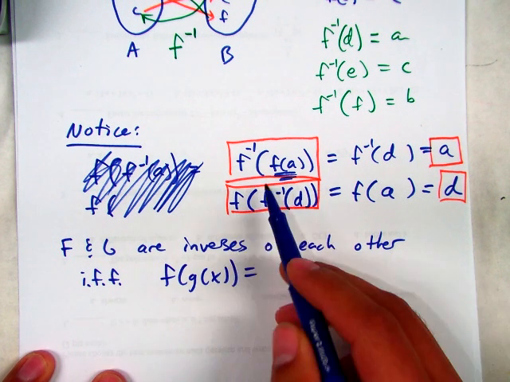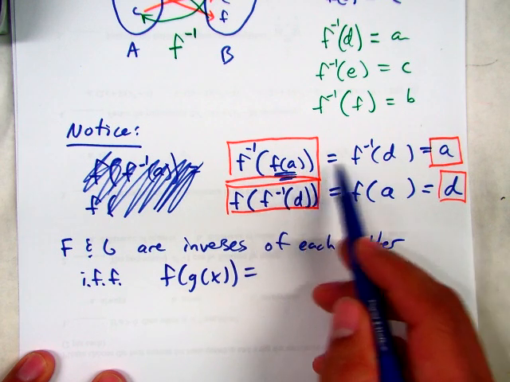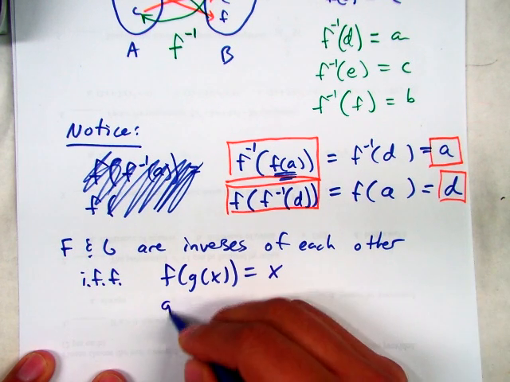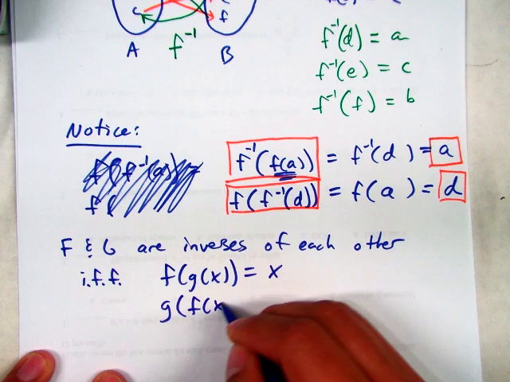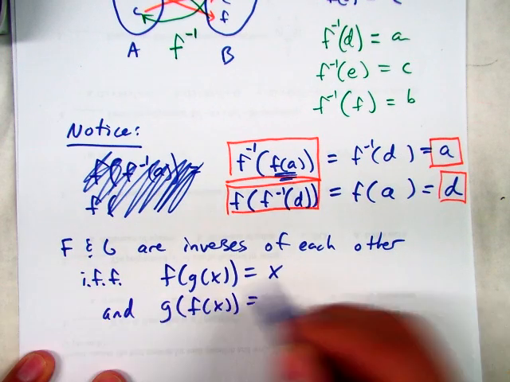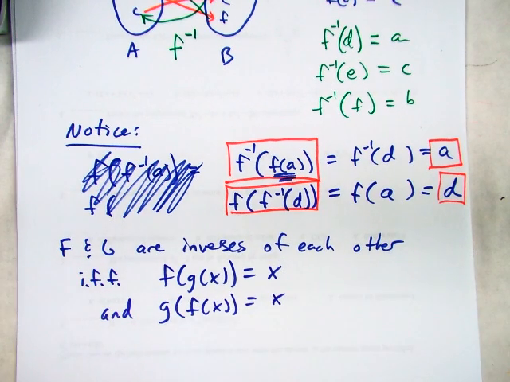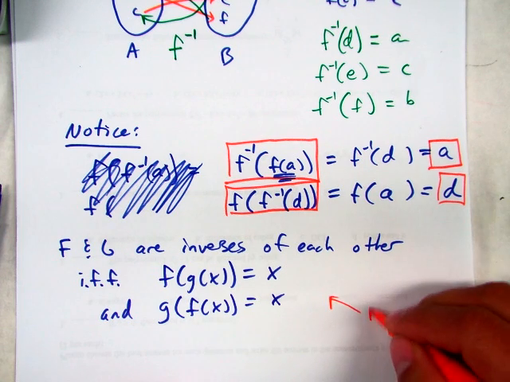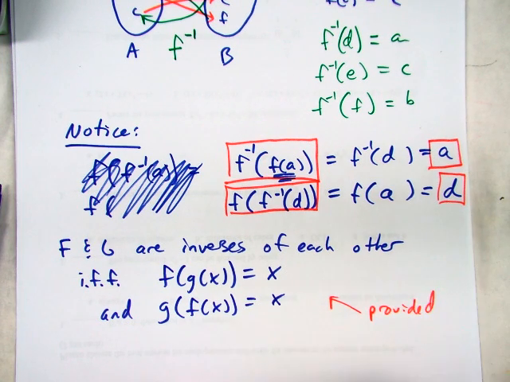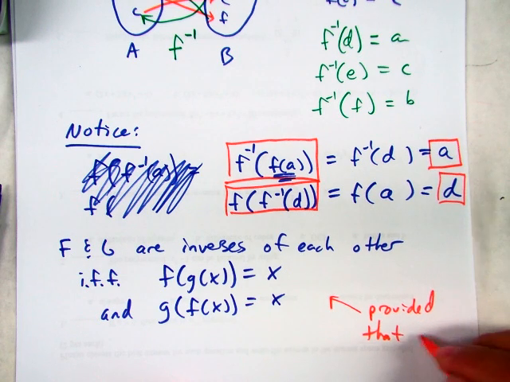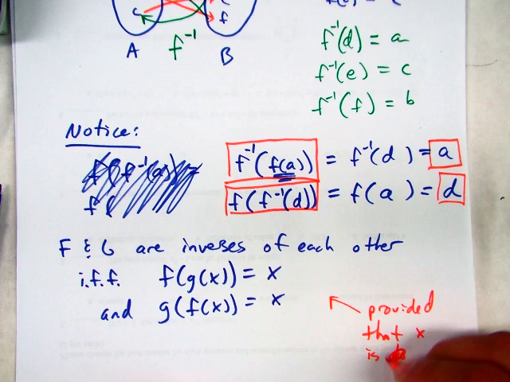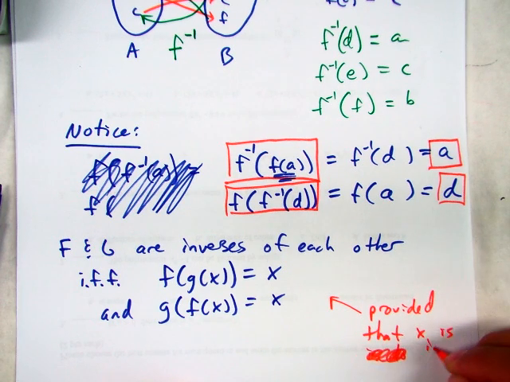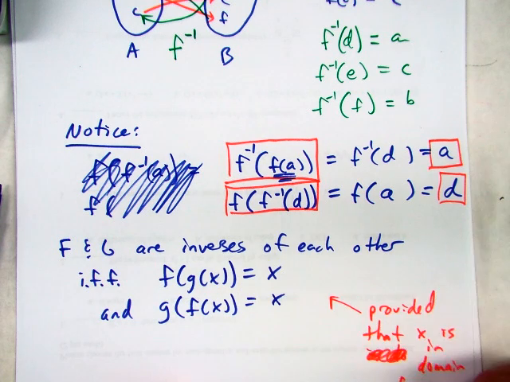Look at what happened up here. X. Answer should be X, right? Whatever X is. And if they're inverses, it should also work the other way. This is provided that X is in the domain of G and then F.